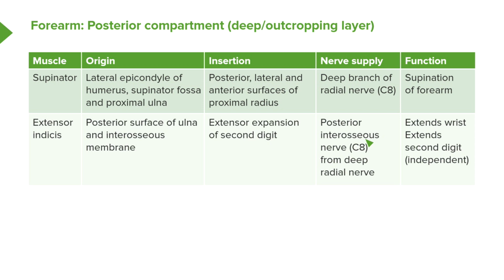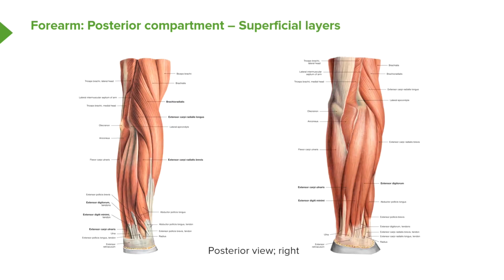It's supplied by the posterior interosseous nerve. Again, this is coming from the deep radial nerve, and it serves to extend the wrist and extend the second digit. It can do this independently from extensor digitorum, so the index finger is allowed to have some independent function. So here we can see the anatomy of the posterior aspect of the forearm.